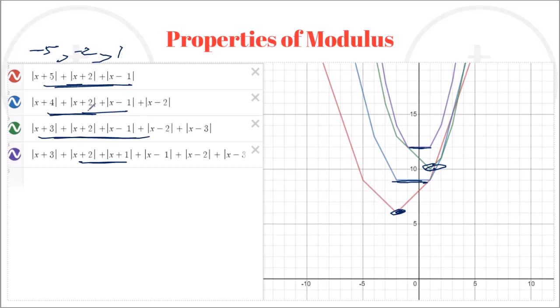So the middle values here are minus 2 and 1. So between minus 2 and 1, this curve will have the minimum value, and in this case, the two middle values are 1 and minus 1. It will have a flat bottom like this. Once you can visualize a curve like this, then the rest of the two questions in this exercise can be solved pretty easily.